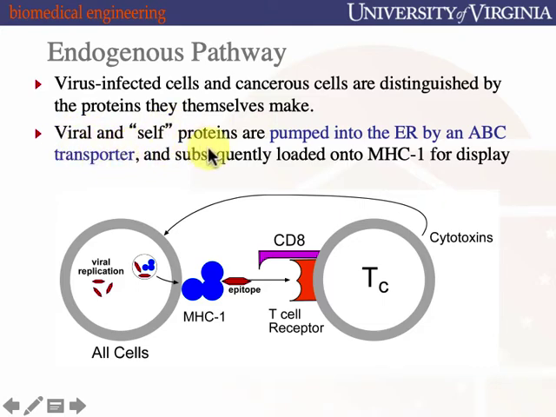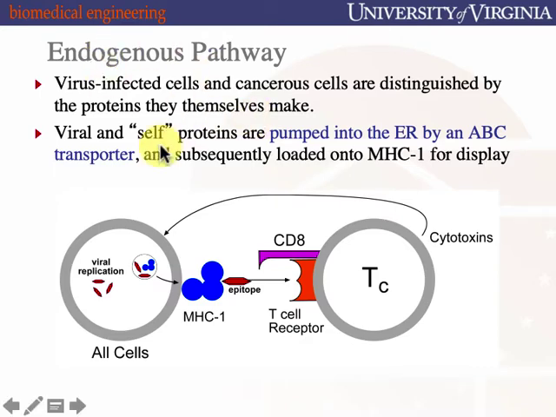And these viral or self-proteins or peptides, peptide motifs, are in this case going to be pumped into the ER by an ABC transporter. So if they're in the cytoplasm, somehow we have to get them across a membrane barrier so that they can actually be presented on the outer surface of the cell. And so in this case, it's an ABC transporter.